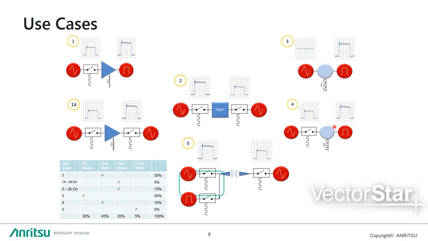Use case 4. On-wafer power amplifier device test with a pulsed RF and a pulsed bias using a 2 or 4 modulator test set.